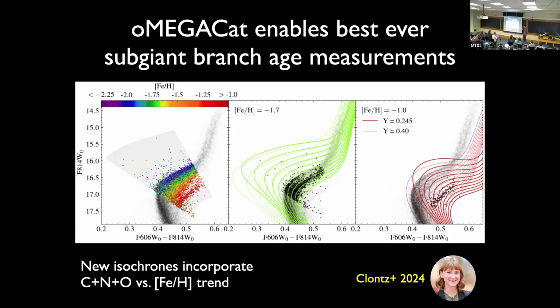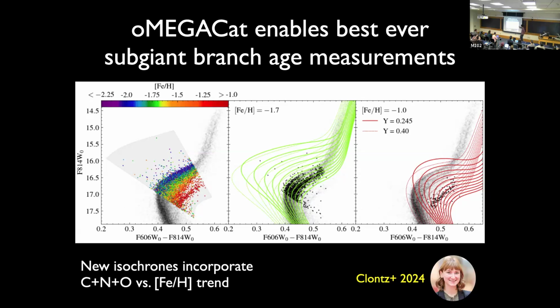The most age-sensitive stars are these subgiant branch stars. In a cluster, everyone knows the main sequence turnoff tells you something about the age, and stars on the subgiant branch are the ones that are most age-sensitive if you have a metallicity estimate. From our data, we have metallicity estimates for about 8,000 of these subgiant branch stars, and we can use those to get better age estimates. By using the right HST filter combination, we can limit how uncertain the helium abundance variations make our measurements.